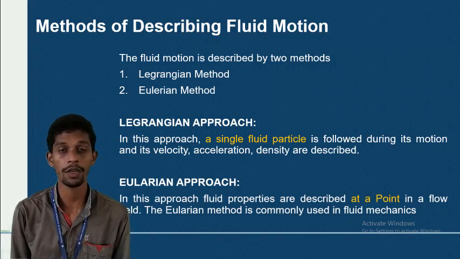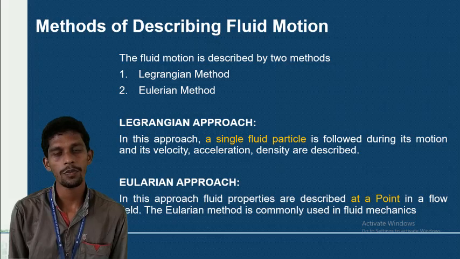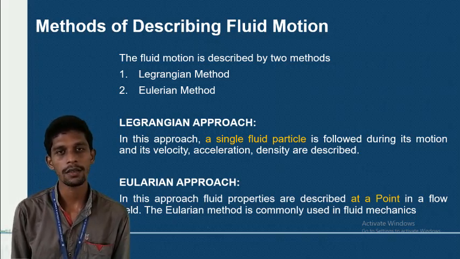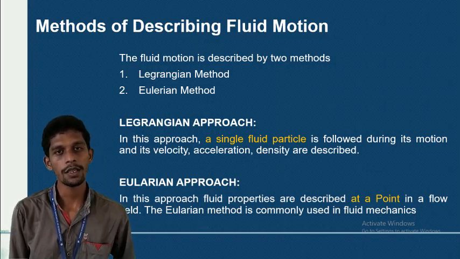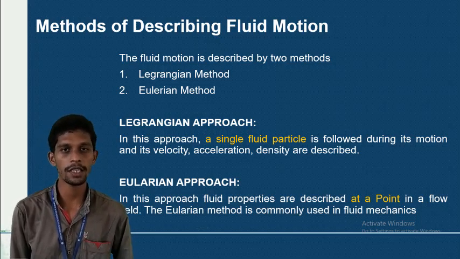What is the flow actually at that point? If you want to consider another point, you can consider that. So the Eulerian approach is the most preferable method in fluid mechanics for analyzing the fluid properties. These are the two different approaches in analyzing fluid motion.